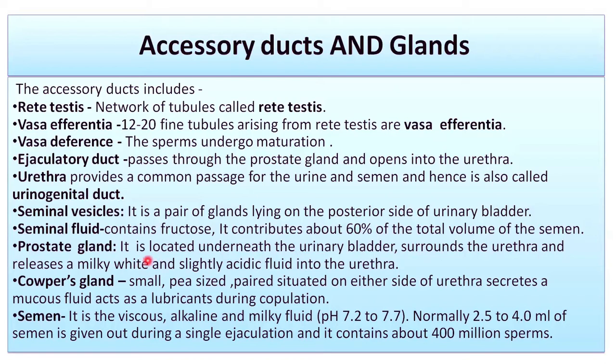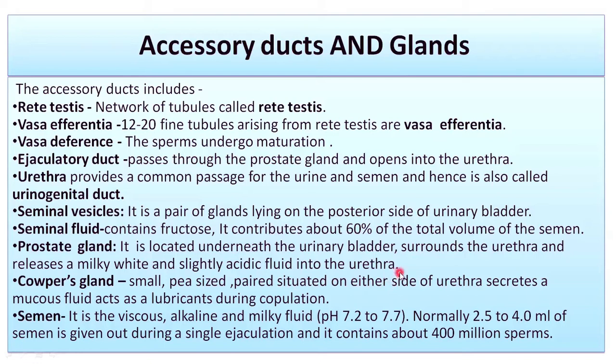Now what is the prostate gland? What is its function? It is located underneath the urinary bladder. Please watch the previous diagram. I explained in this diagram that all the glands surround the urethra and release a milky white, slightly acidic fluid into the urethra.